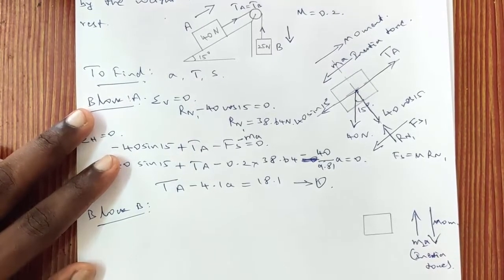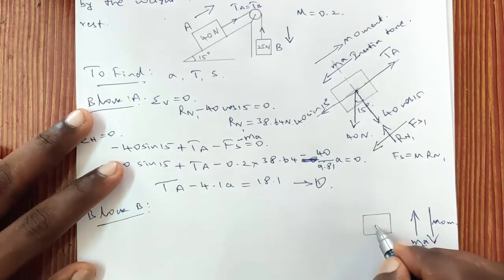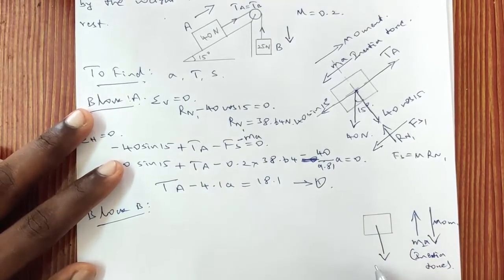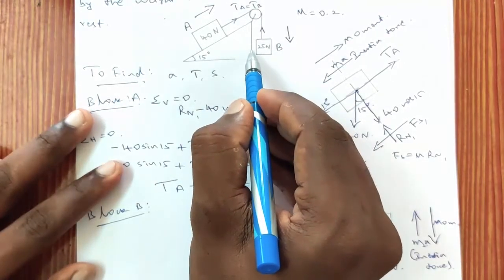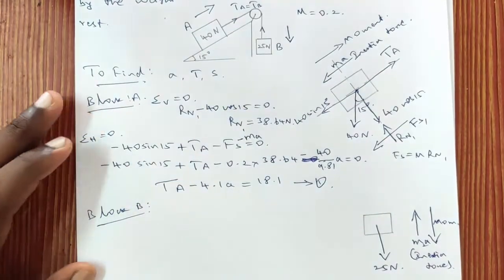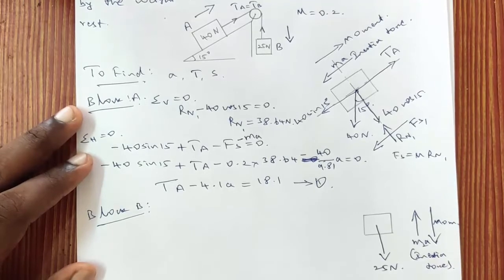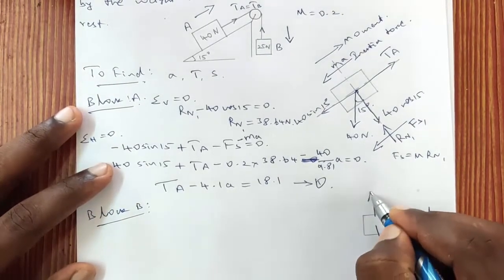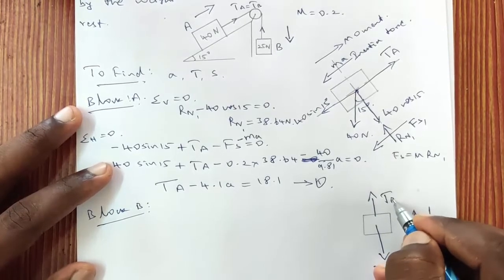Okay, let us draw the free body diagram. The weight 25 Newton is acting in the downward direction, so it is 25 Newton. There is no contact between the vertical plane and the block B, so there will be no friction and no reaction force. The tension is acting in the upward direction, so it is TB.